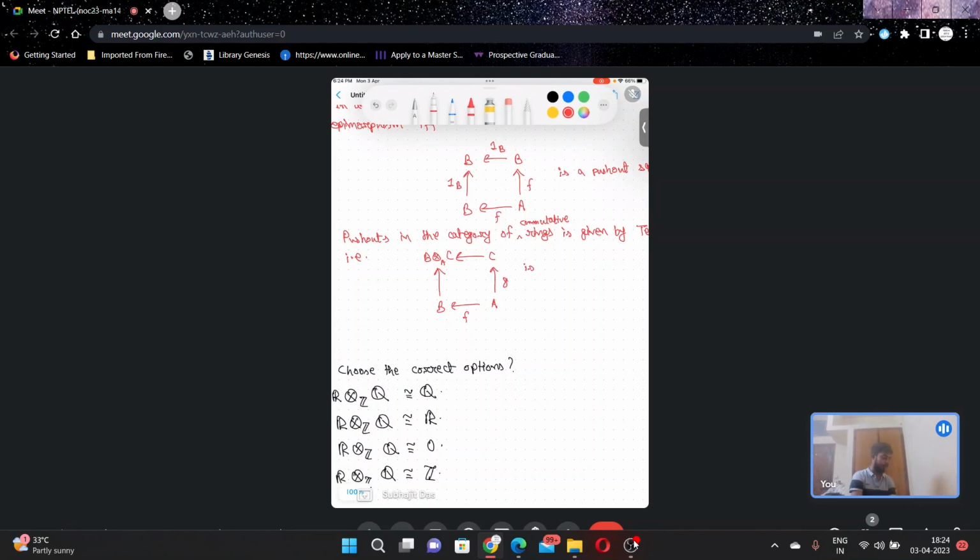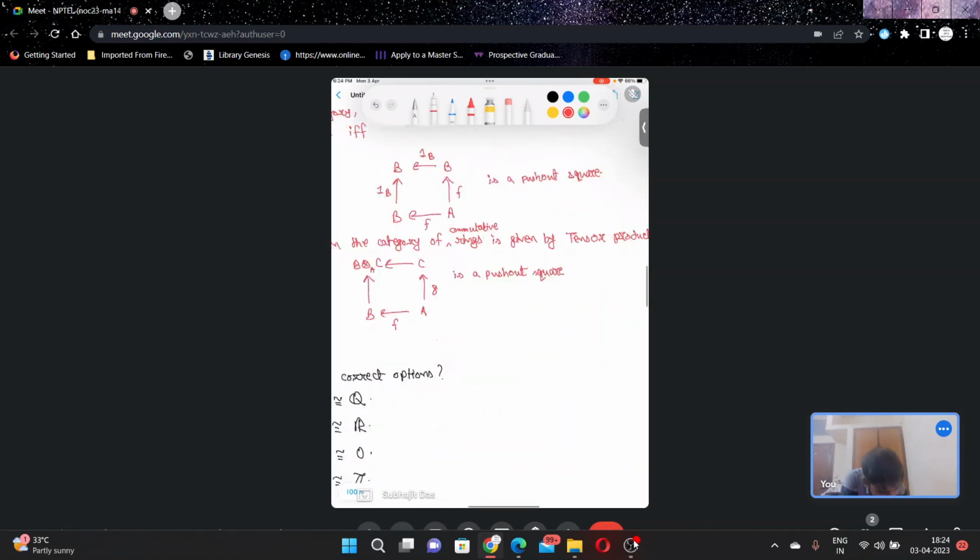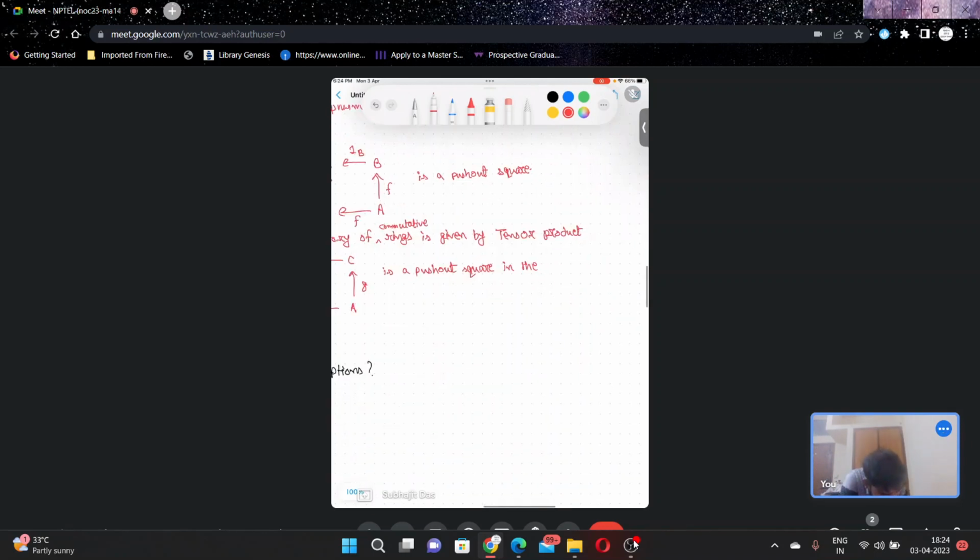So what I was saying is this is a pushout square in the category of rings. I mean commutative rings.